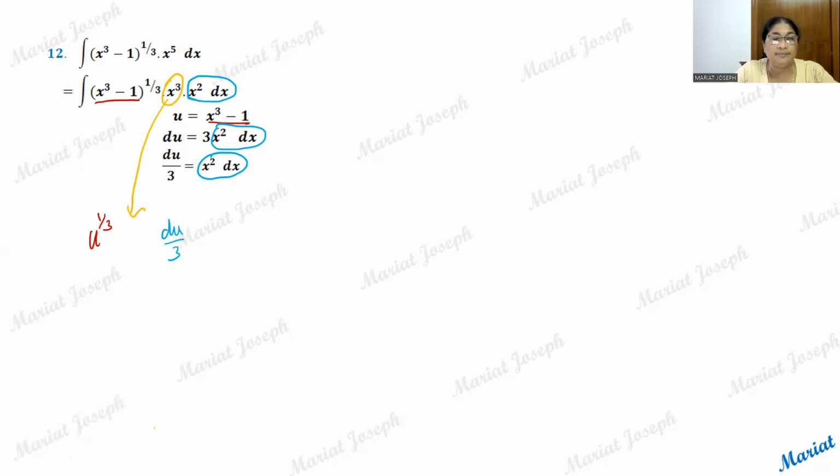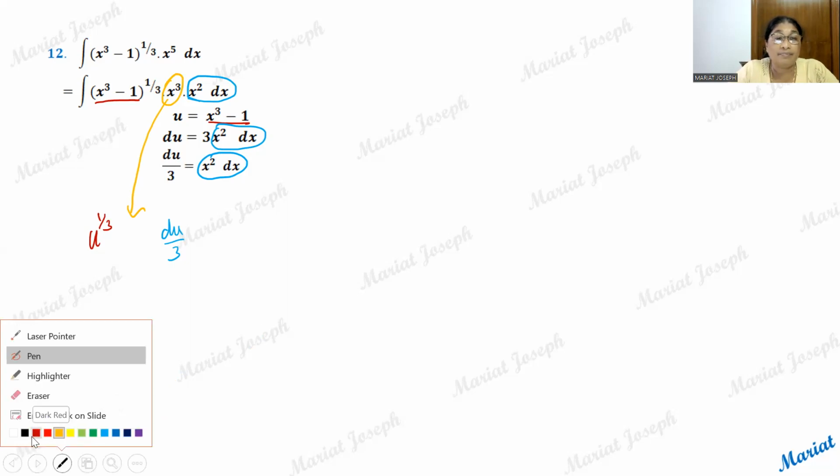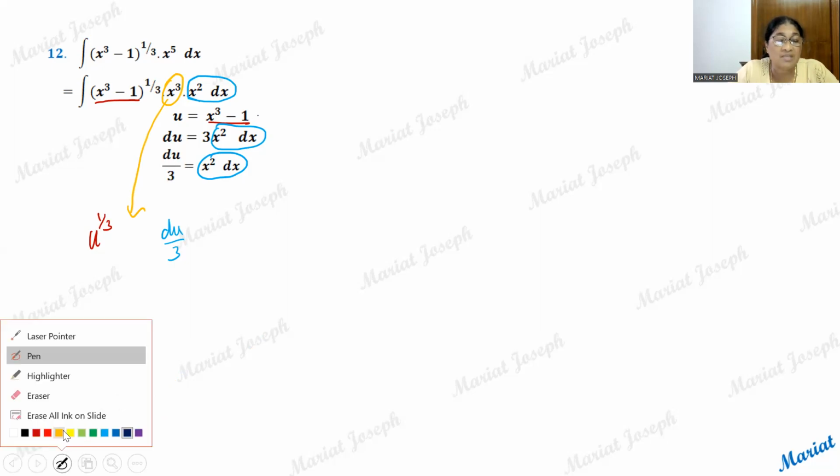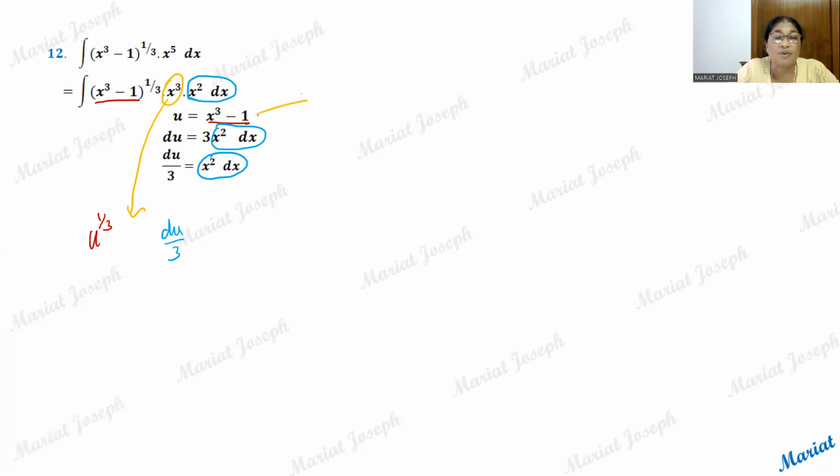Yes, Varsha? We can write x cube as u plus 1, from the substitution itself. From here you see x cube is equal to u plus 1. So put that u plus 1 here. Then integrate.